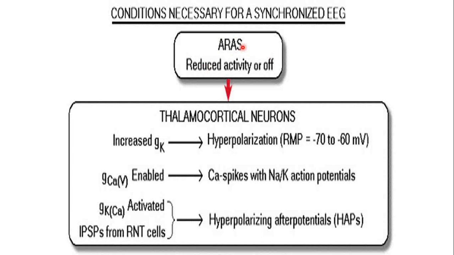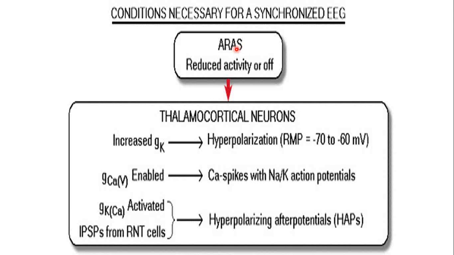So when the ARAS system, remember, it's called the activating system, it's activating the cortex. So when there's reduced activity in the ARAS system, what kind of state would we be in? Would we be in a high arousal awake state or a low arousal awake state?